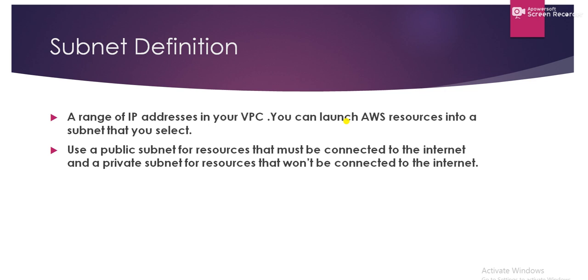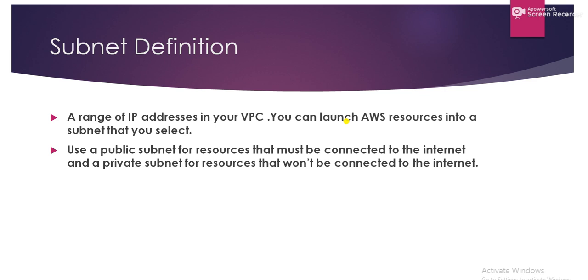So what is the use of private and public? Suppose you know a database, right? A database doesn't require internet connectivity. That means the user will not access it. But a web server will be internet facing.